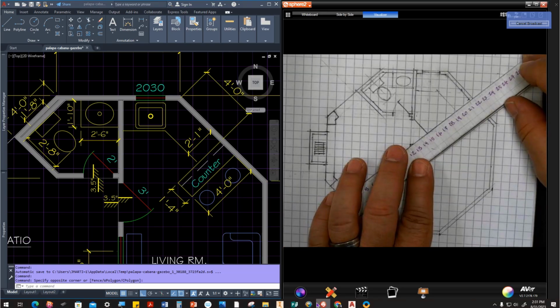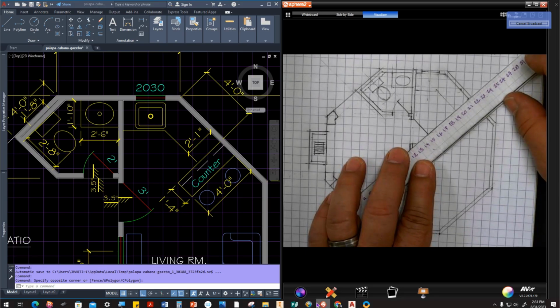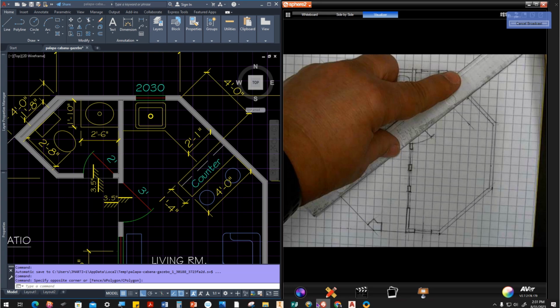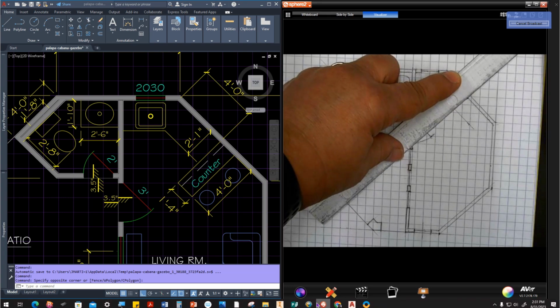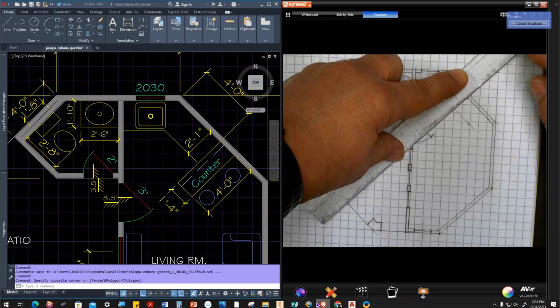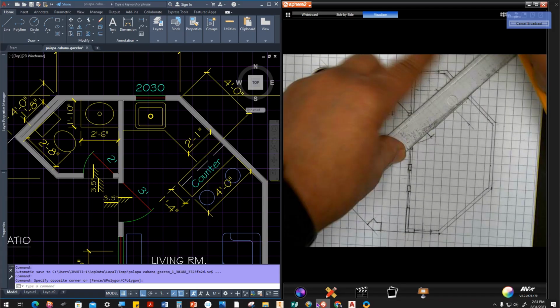Notice how it's close to the corners. So if you slide, you can also do it from the other side. It's kind of hard, but it's close to the corners here, close to the corner, close to the corner. So I think that's a good approximation of a 45-degree line. Okay.